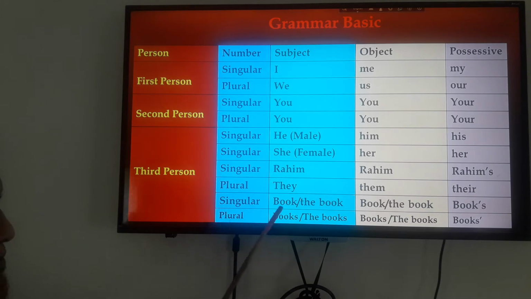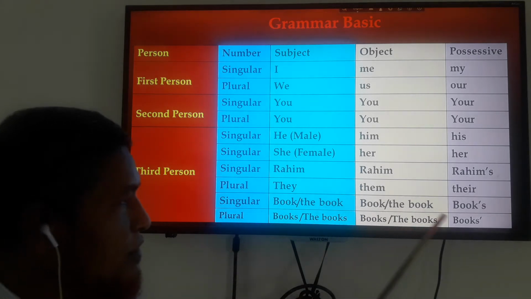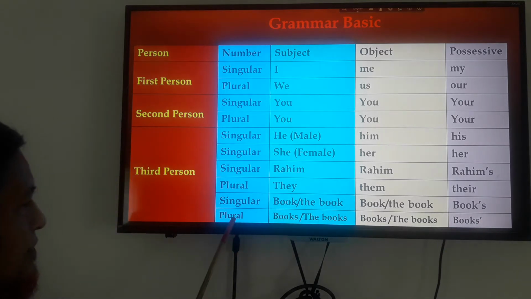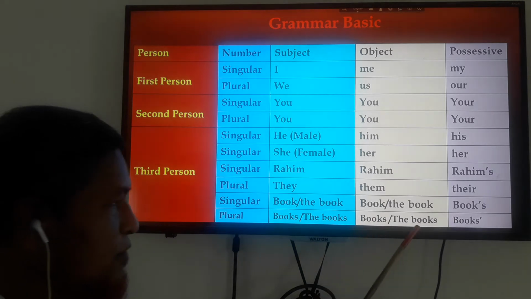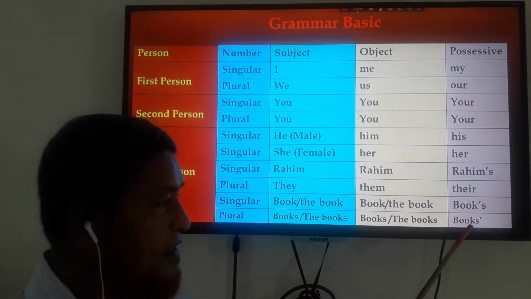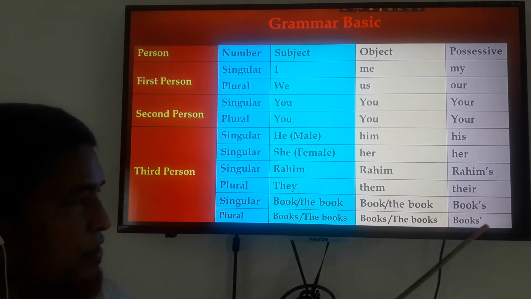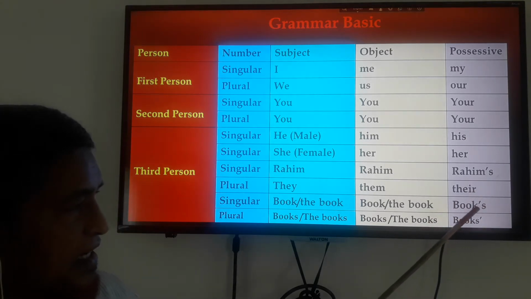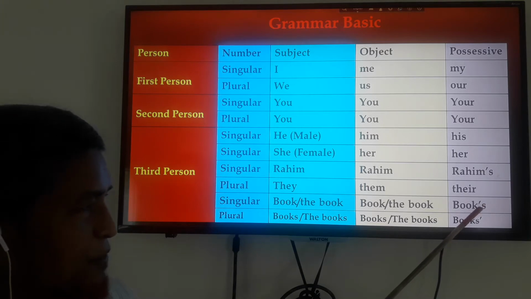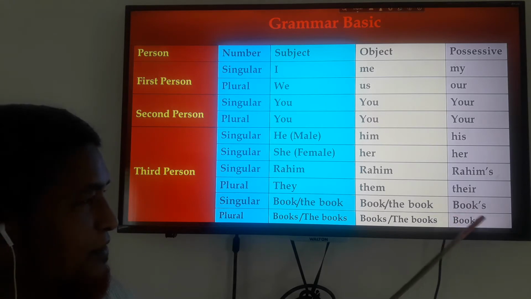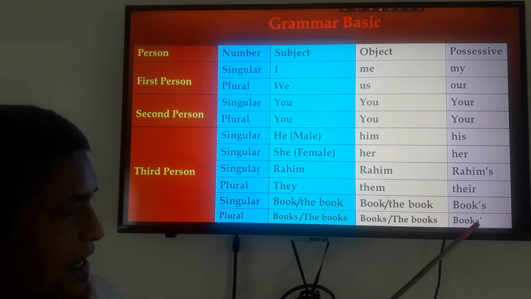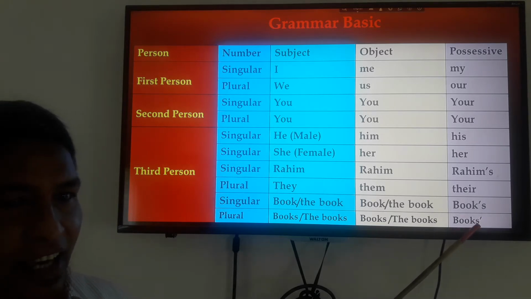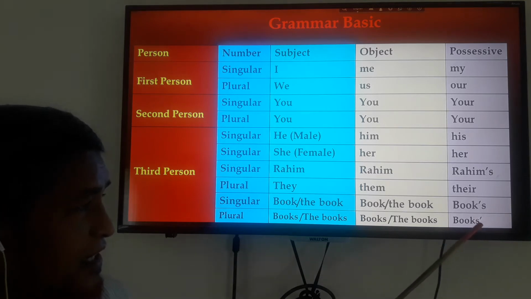In singular form, book, the book's. In plural form, books, the books'. Here you will have to follow this: in the singular form the apostrophe s comes after the noun, but in plural form the apostrophe comes after the s.